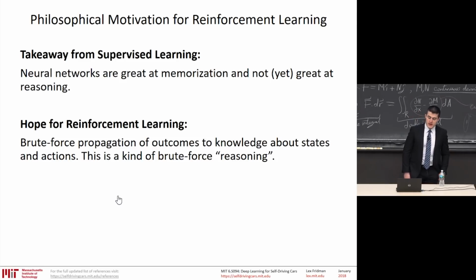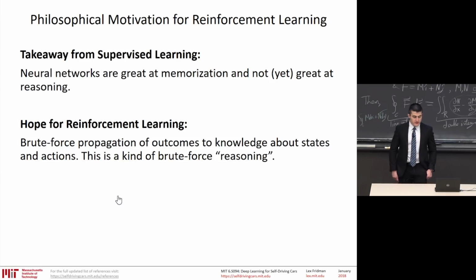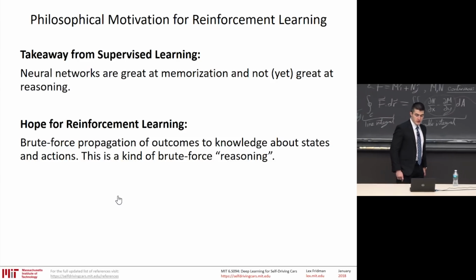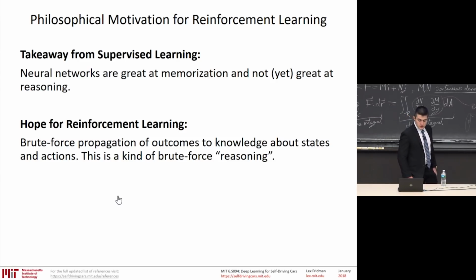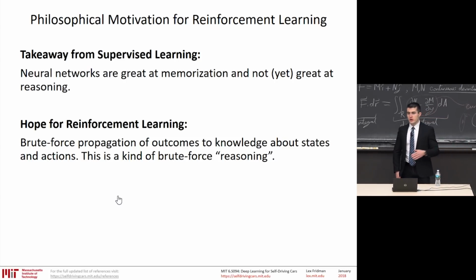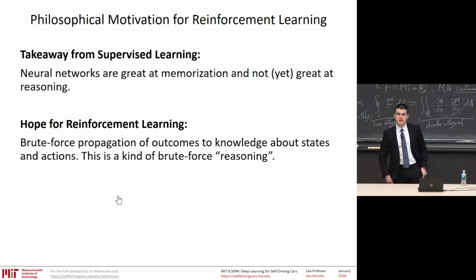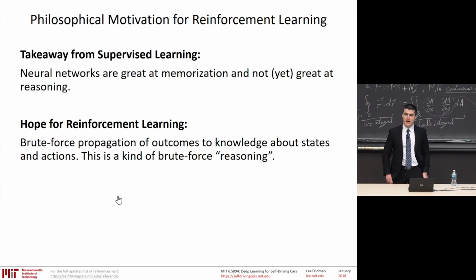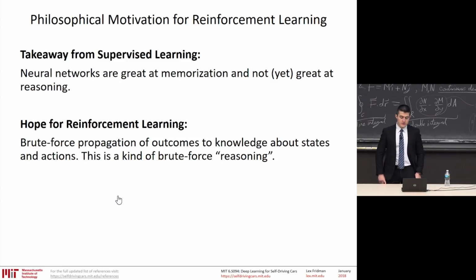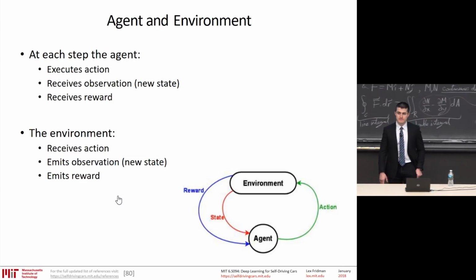Reinforcement learning, we can think of as a way to brute force propagate that sparse information through time to assign quality reward to states that do not directly have a reward. To make sense of this world when the rewards are sparse but are connected through time. You can think of that as reasoning.